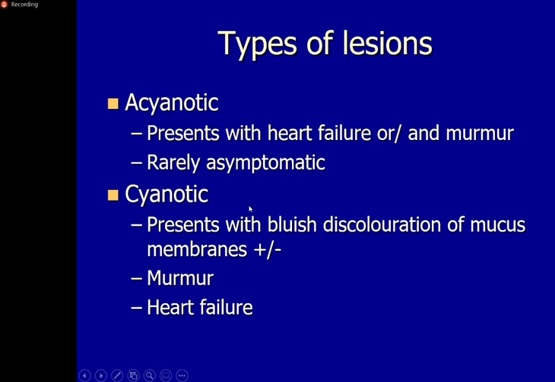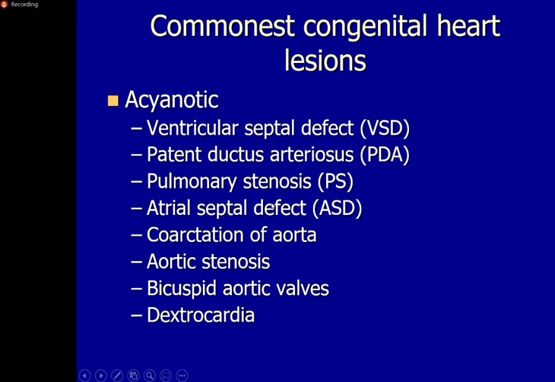So there are a few types. I am sure that during your embryology in anatomy, you would have also heard these terms. Ventricular septal defect: as the name says, there is a septum between the ventricles and there is a defect. There is a patent ductus, so the ductus is patent. There can be pulmonary stenosis. Then there can be atrial septal defect, where the interatrial septum is defective. Coarctation and aortic stenosis are some of the other things.